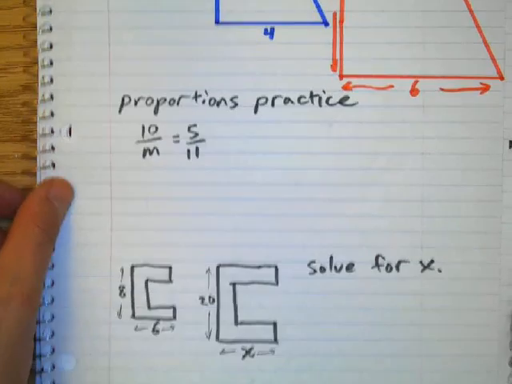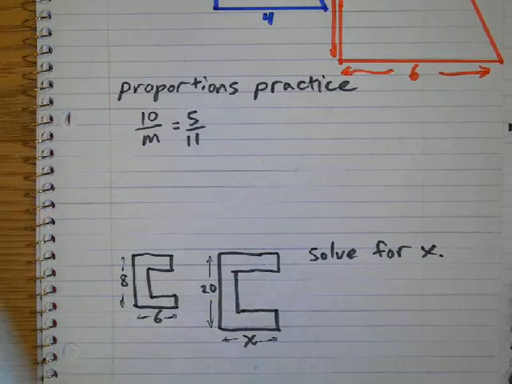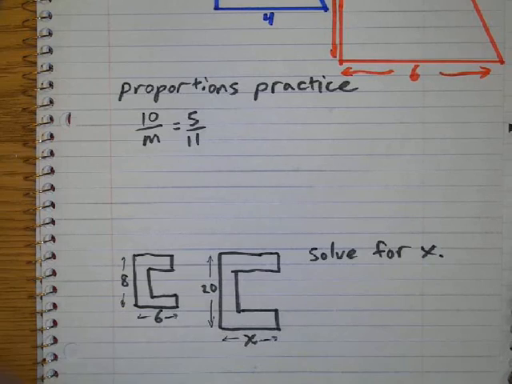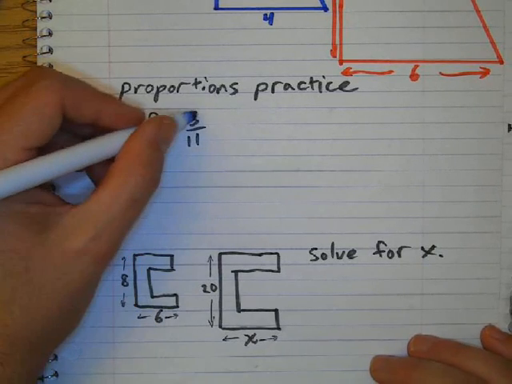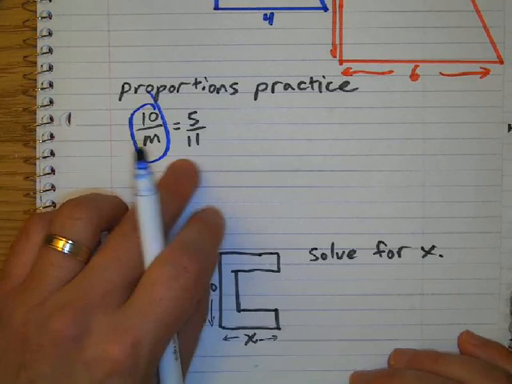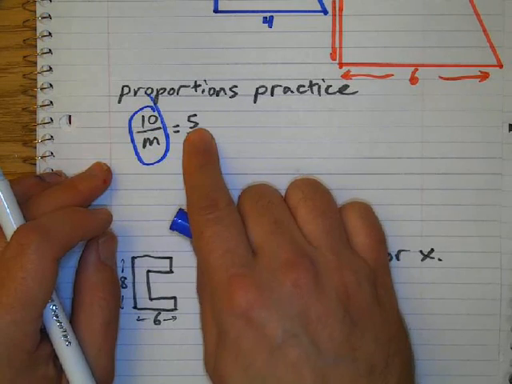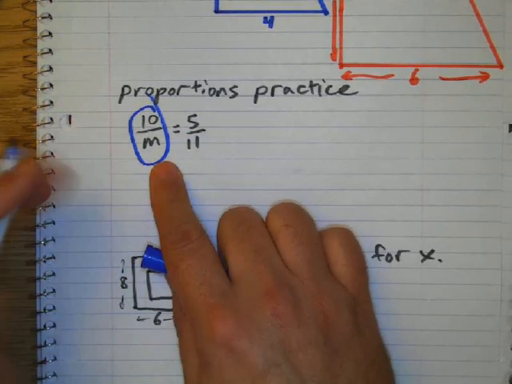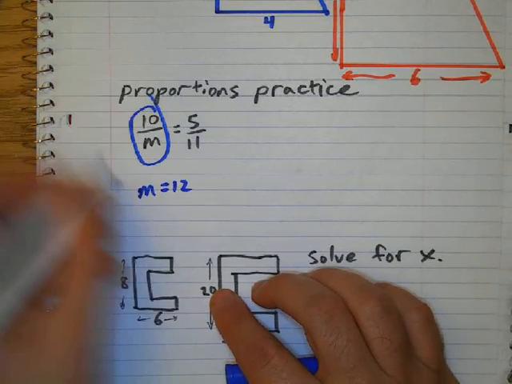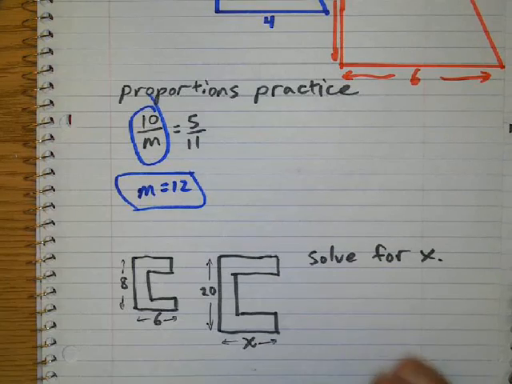Okay, now we have to practice some proportions. So if I've got 10 over m equals 5 over 11, I could notice that the 10 is twice as big as the 5, so m is going to be twice as big as 11. M is going to be equal to 22. But let's pretend I didn't see that so carefully or quickly.